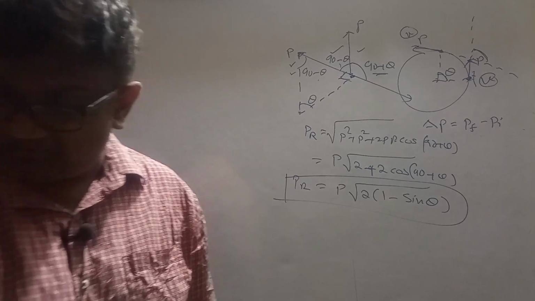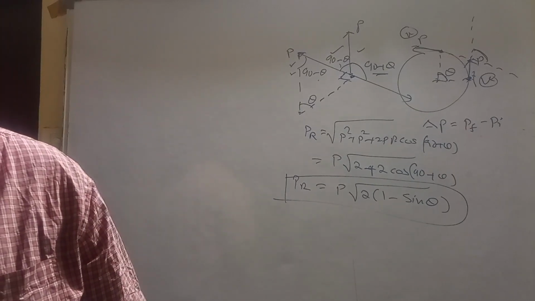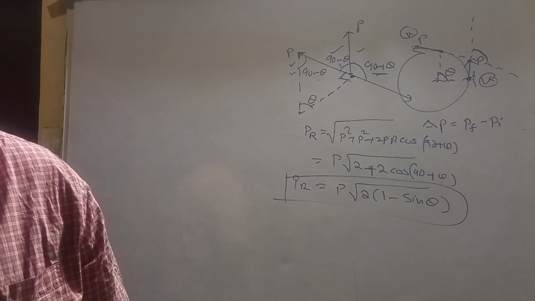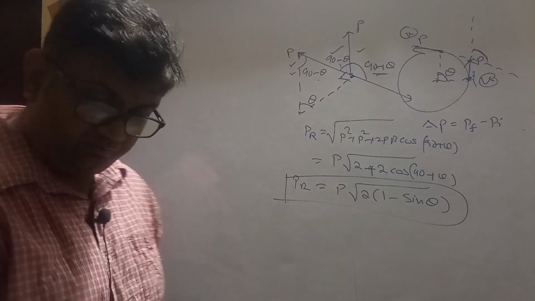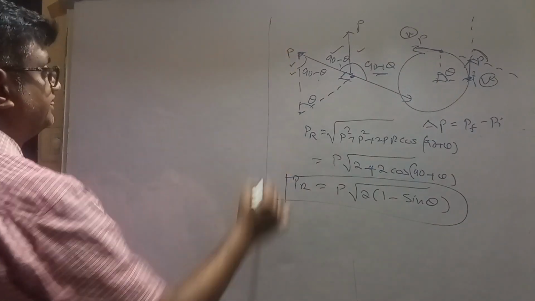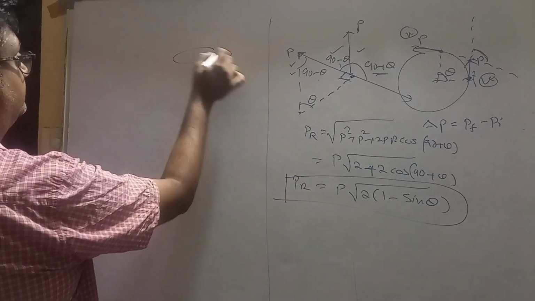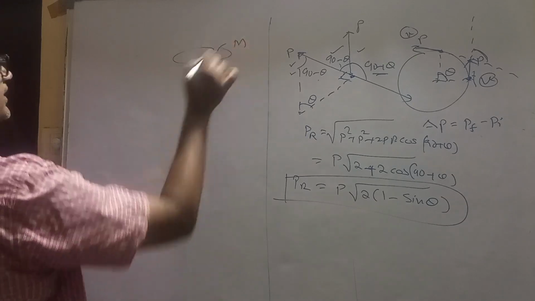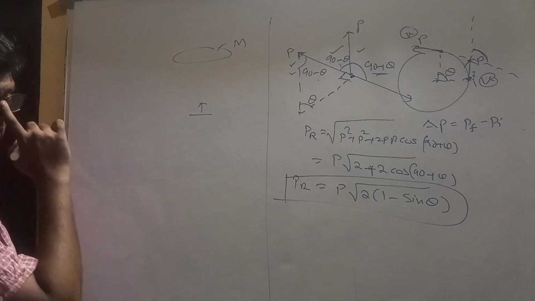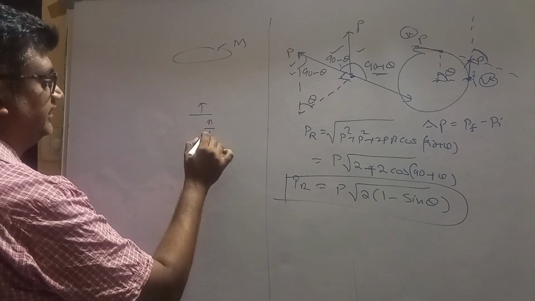So let's move on to some other concept now. The next concept is, sometimes they will take a plate, let us say this mass is M, and they will fire bullets towards it, and let us say n bullets are fired in t time.